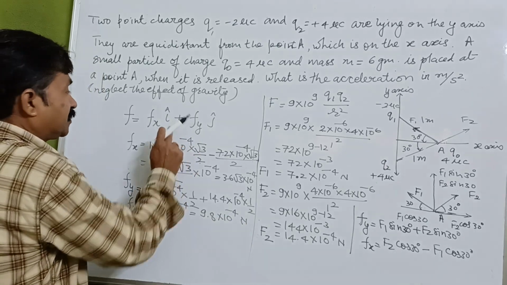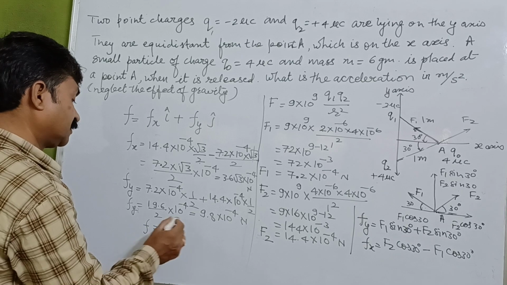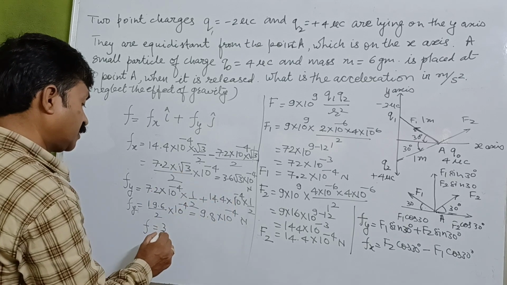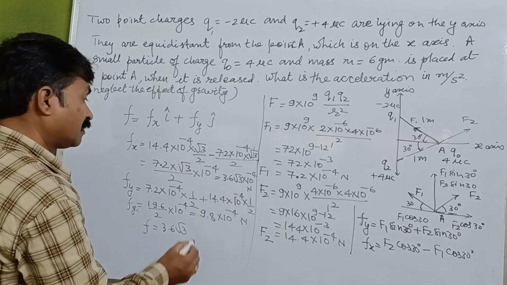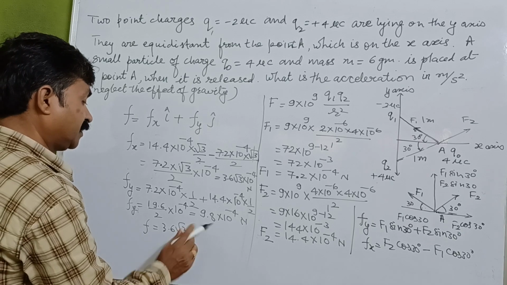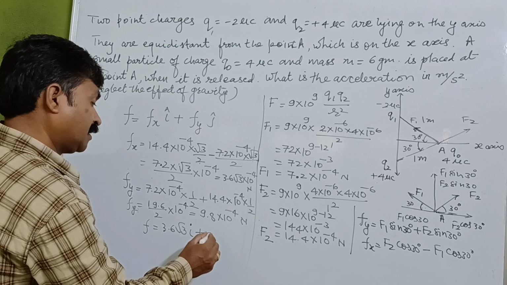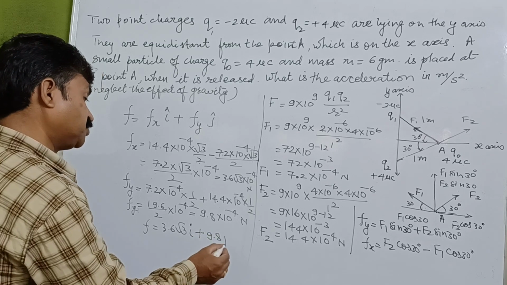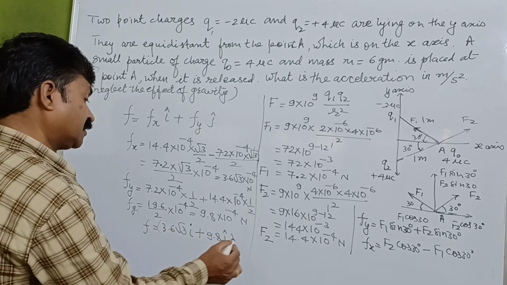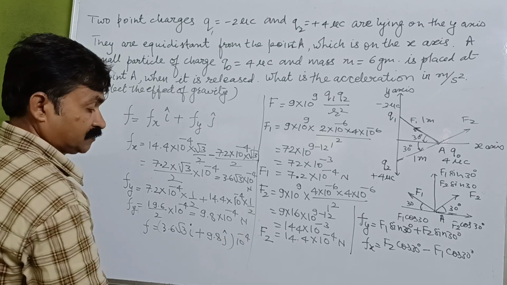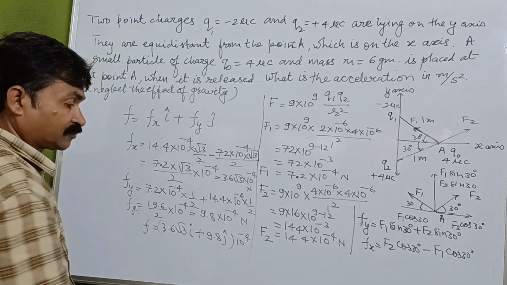Now we'll substitute in this. We are having this relation. It is 3.6 root 3 i cap plus 9.8 j cap, into 10 raised to the power minus 4, which we have taken outside.